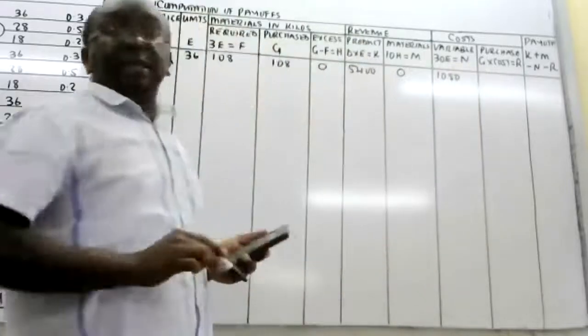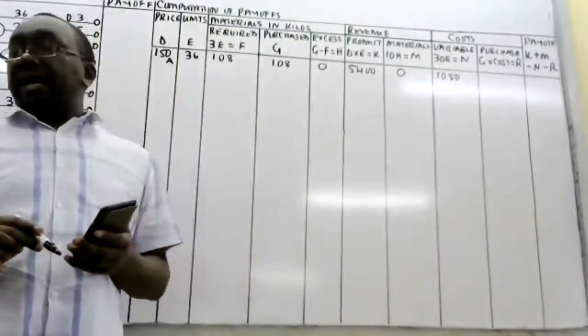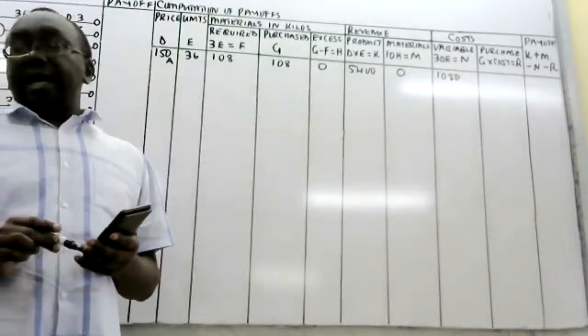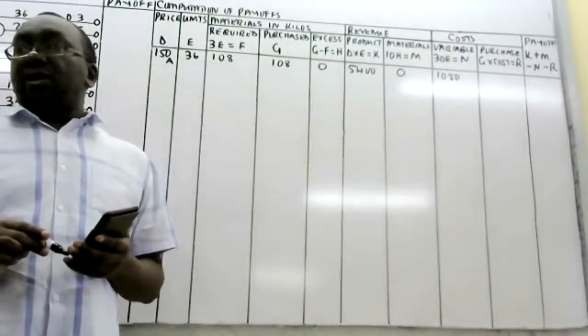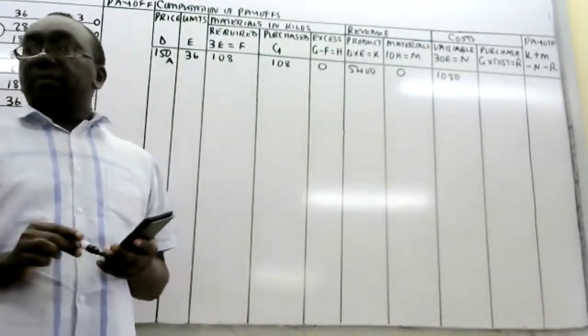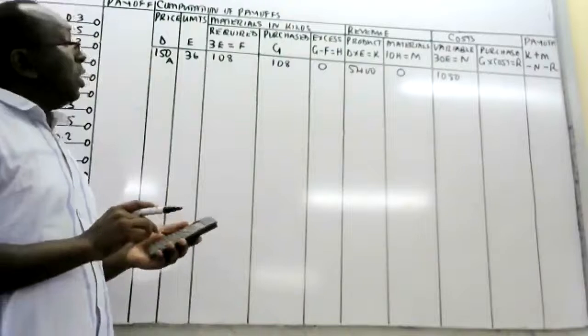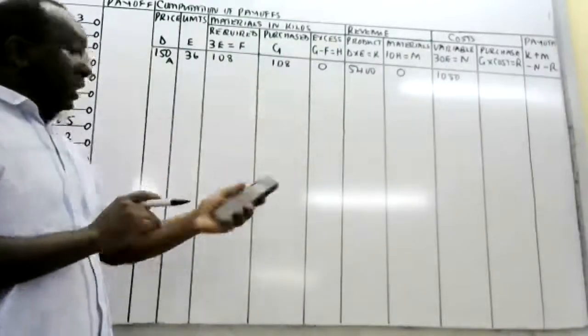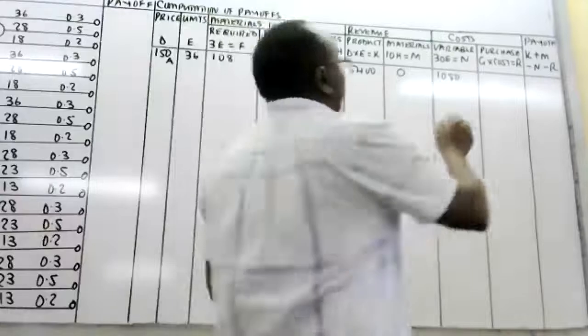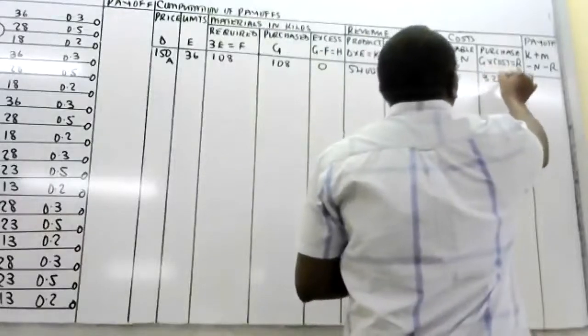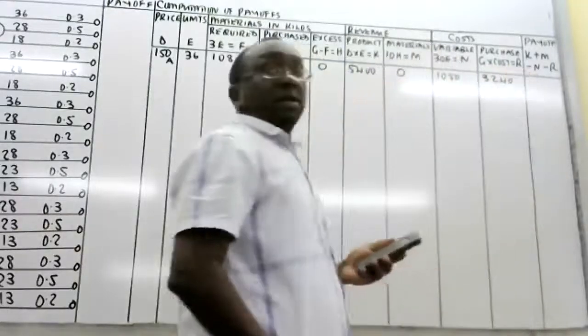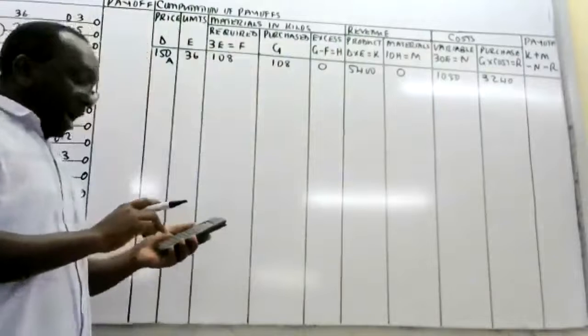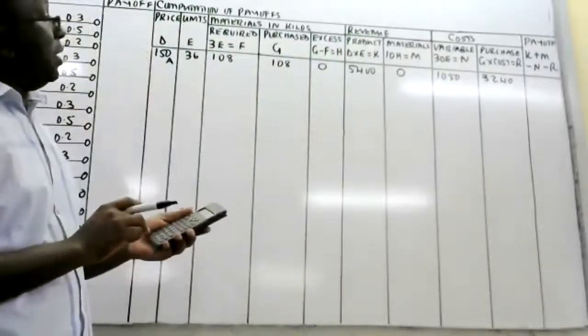The purchase, if you look at the question again, when we are in option A, they are selling to us a kilo at how much? 30. So it is going to be this G, 108 times 30, that is 3,240. So let's compute that to get the payoff.